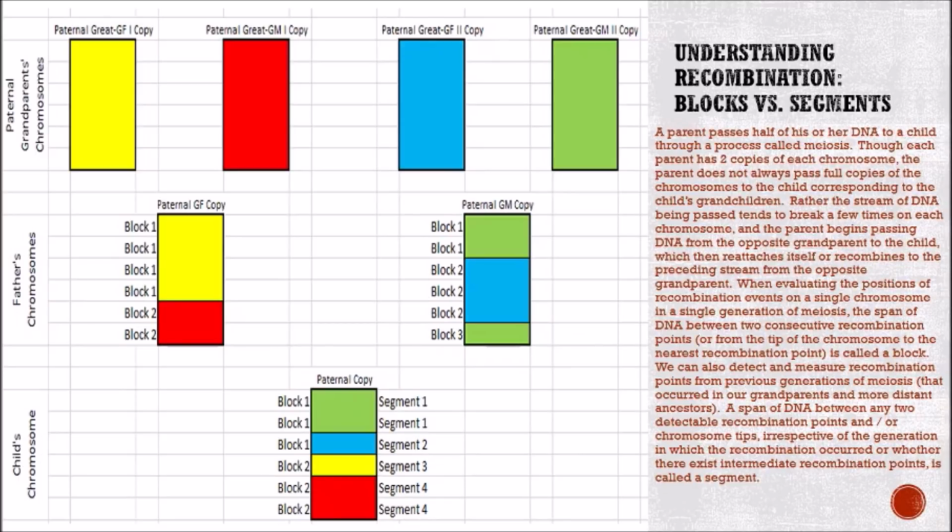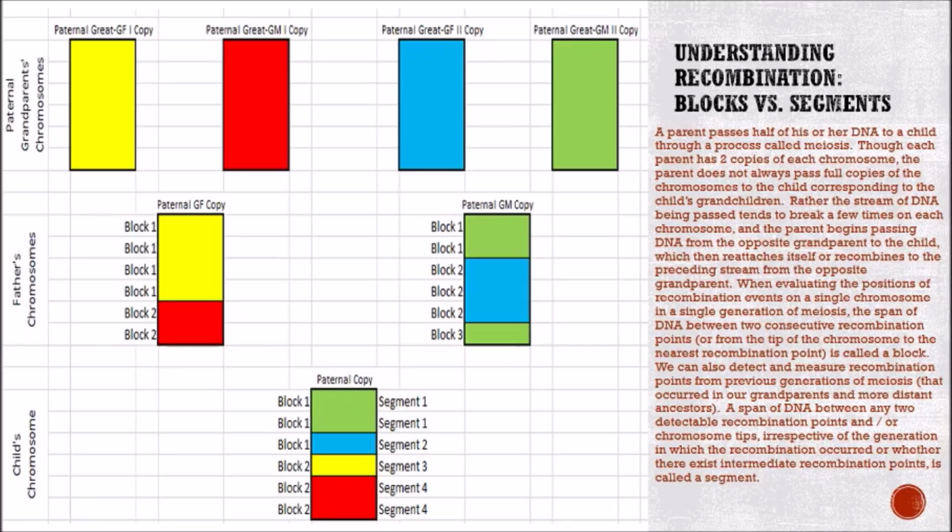And it could be a lot more complicated than this. There could be a chromosome with 50 segments on it, from various generations going beyond the grandparent level, of course. But this is a very simple example that I think demonstrates the block and segment nature of DNA inheritance.